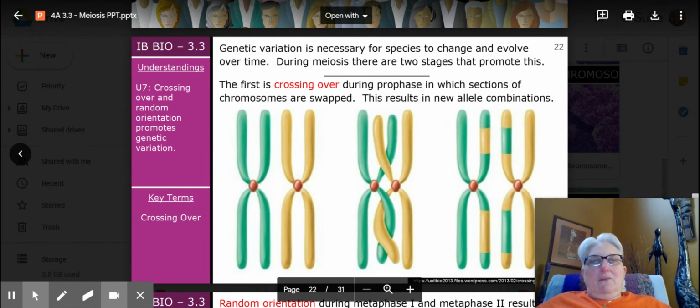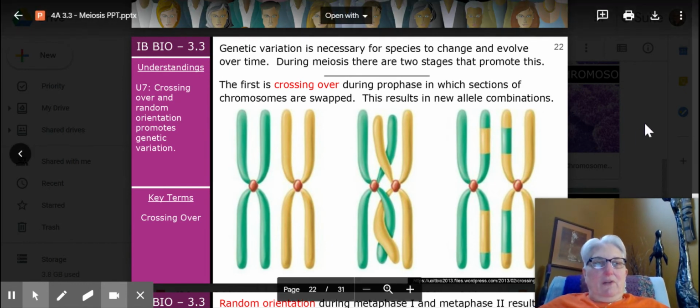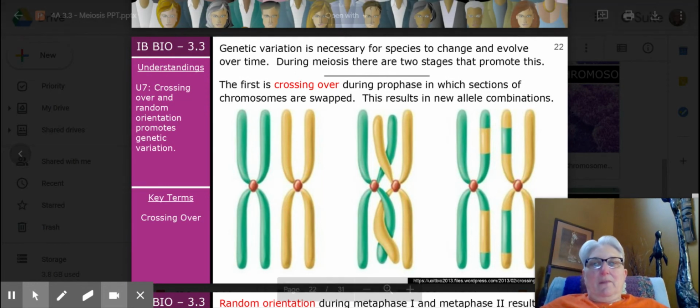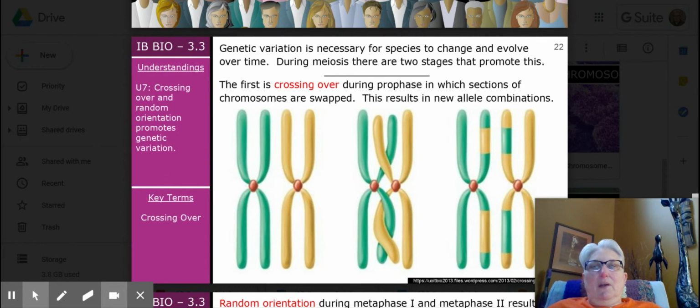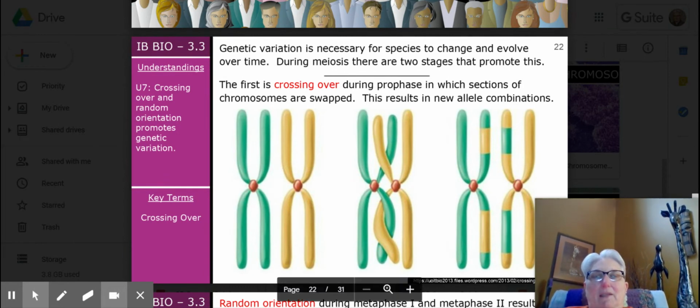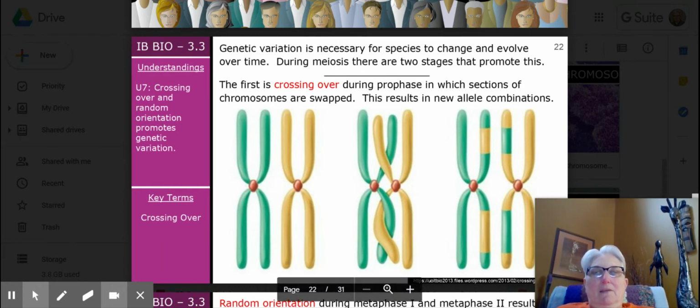And one of the ways, which I mentioned briefly before, is through what is called crossing over. So we've used nice color here, green and yellow, to indicate the crossing over, and you can see they are separate chromosomes.